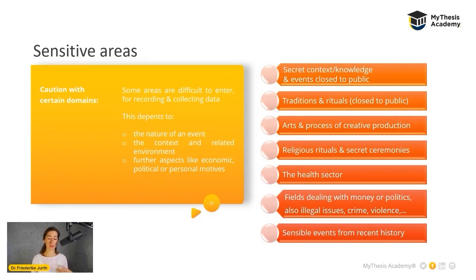For example, if there is some discussion, this is normally related to politics, but if it comes to recent history and, for example, you conduct an interview with somebody who participated or was involved with something illegal, or has a family member who was involved with some illegal issues, or something referring to wars or whatever.